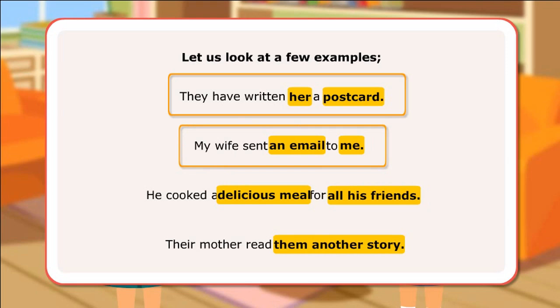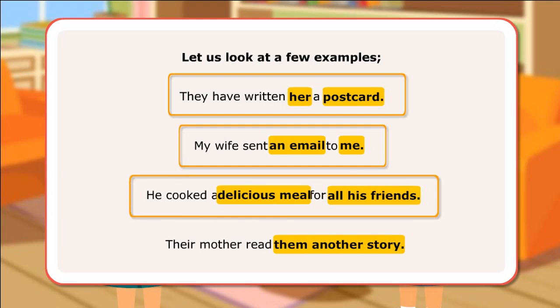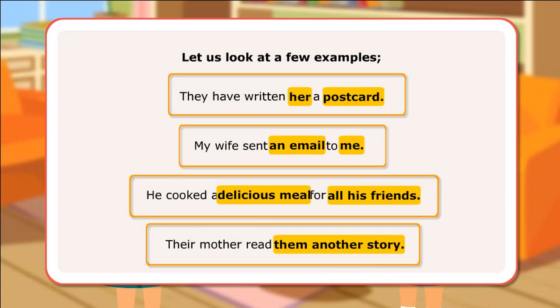In the second sentence, a prepositional phrase is used with a direct object. In the third sentence, a prepositional phrase with for is used with a direct object. In the last sentence, since the indirect object is a pronoun, the pattern noun plus verb plus noun is used.